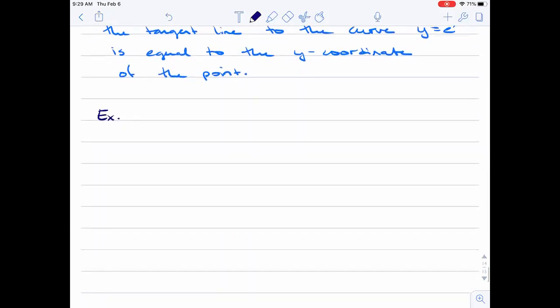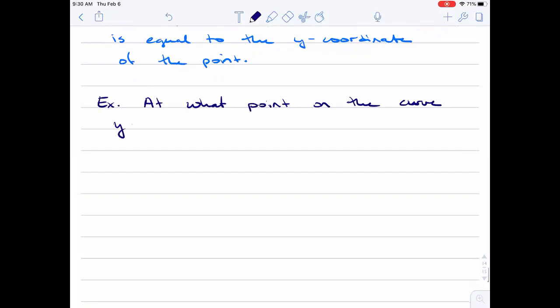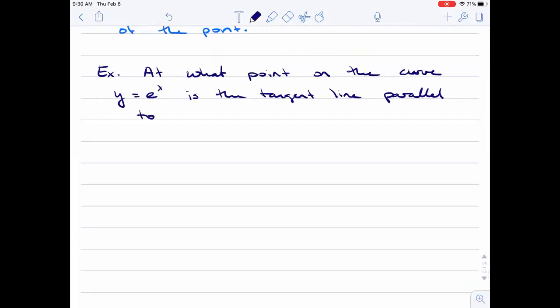And so at what point on the curve y equals e to the x is the tangent line parallel to the line y equals 2x.